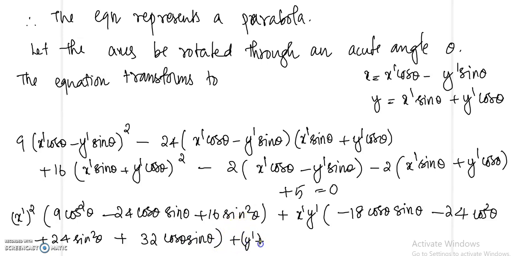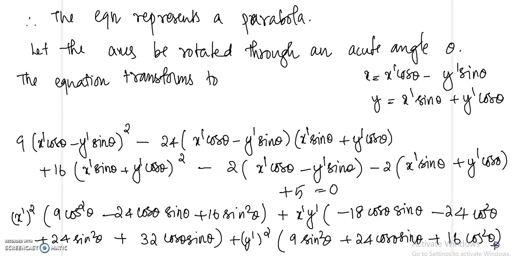Then the coefficient of y dash square will be 9 sin square theta plus 24 cos theta sin theta, and the last term 16 cos square theta. So that is the coefficient of y dash square.